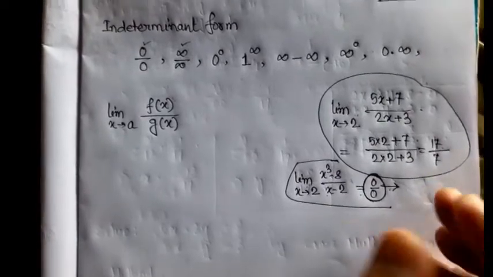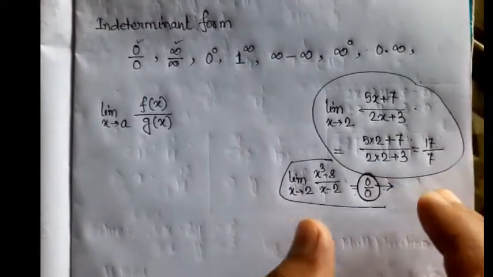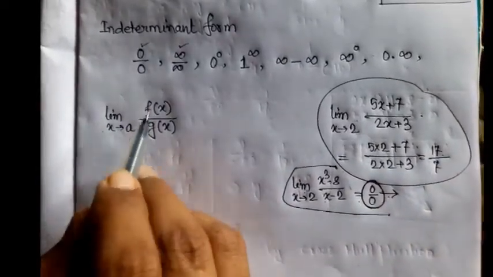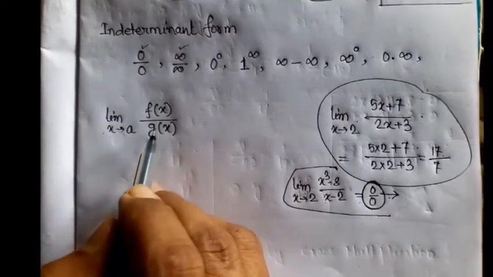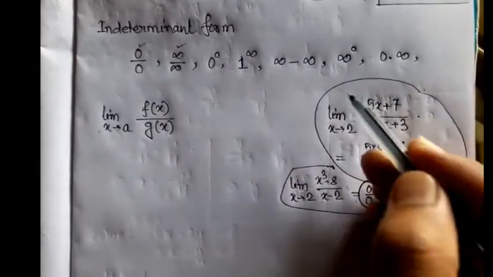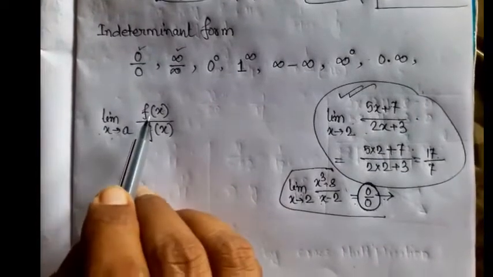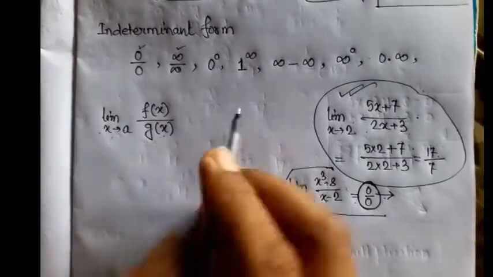So what does the L'Hospital rule say exactly? Suppose limit x tends to a, f(x) by g(x), that means in the numerator and denominator two different algebraic expressions of x are there. Our first target is to put the value x equals a in the numerator and x equals a in the denominator.